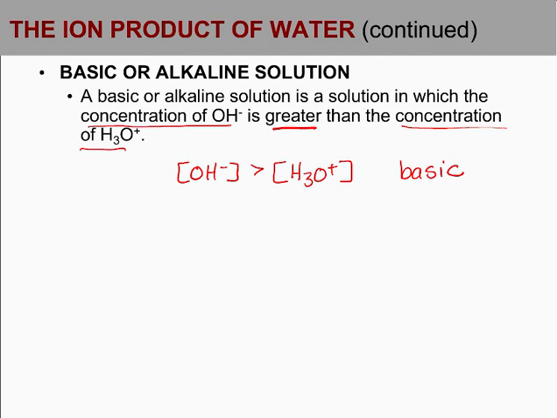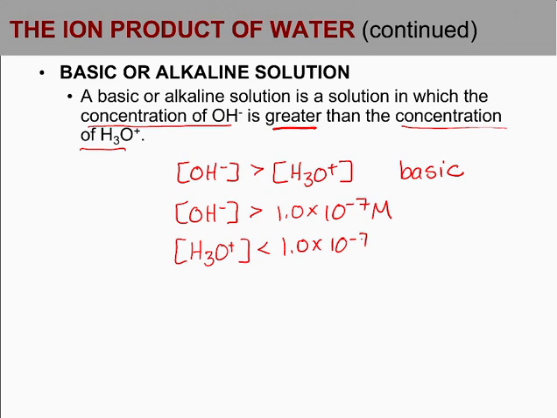So this would be basic. Or we could write that the concentration of hydroxide ions is greater than 1 times 10 to the negative 7th moles per liter, and the concentration of hydronium ions is less than 1 times 10 to the negative 7th moles per liter.